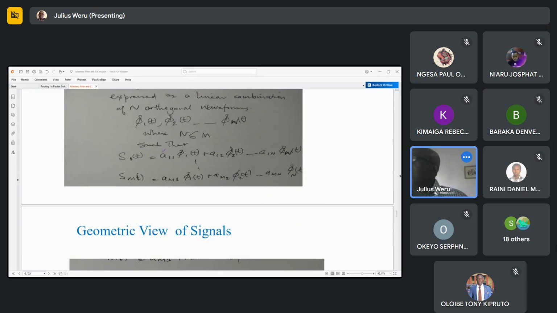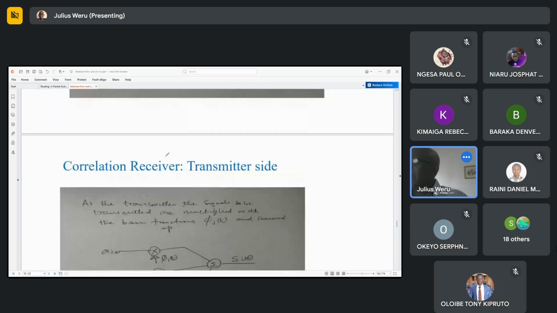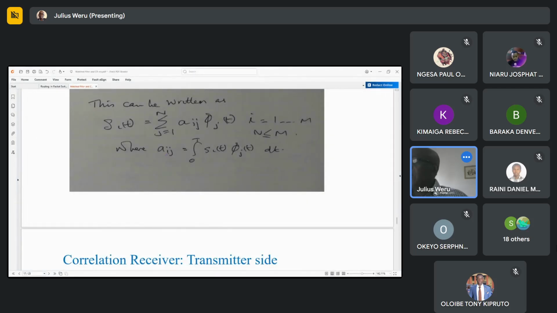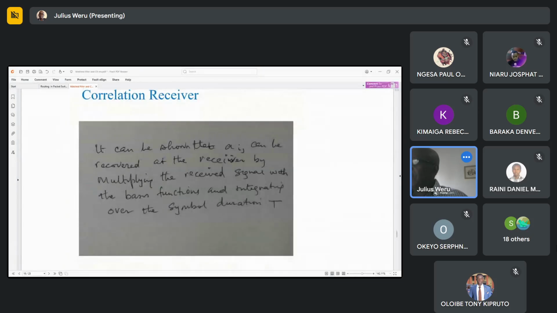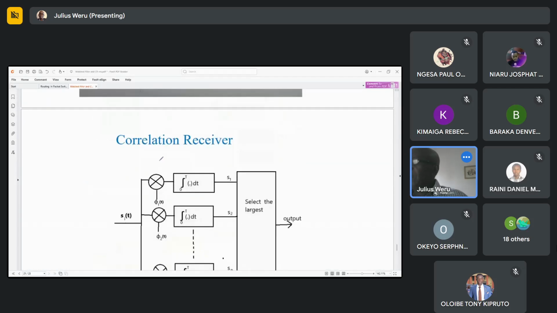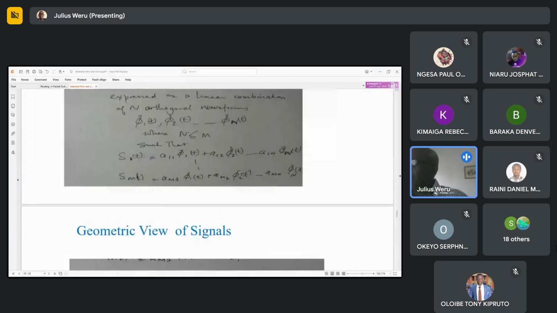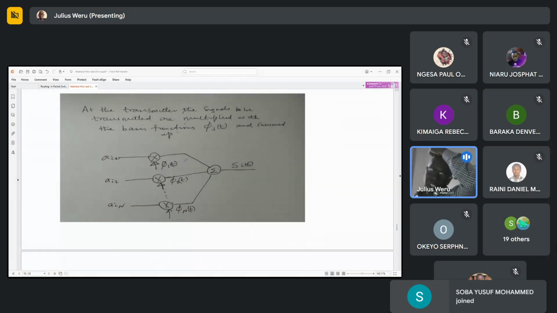So you have got that at the transmitter, sorry. Going back. This is at the transmitter side. So this happens at the transmitter.